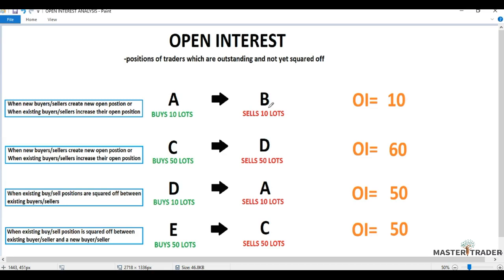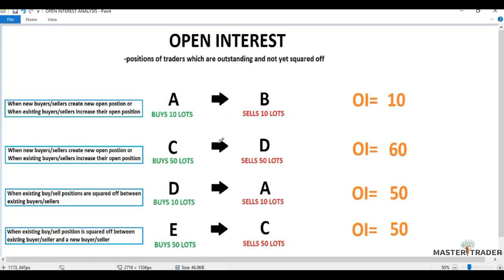So if A is buying 10 lots and B is selling 10 lots, the open interest is 10, because there's an interest from A and there's an interest from B, so our total open interest is 10. This generally happens when a new buyer or seller creates a new open position, or when an existing buyer or seller increases their already open positions.